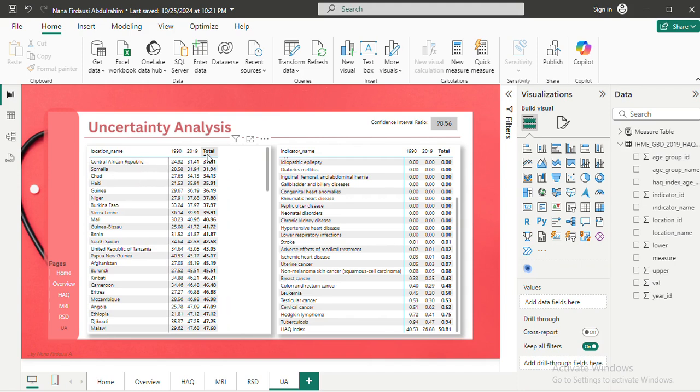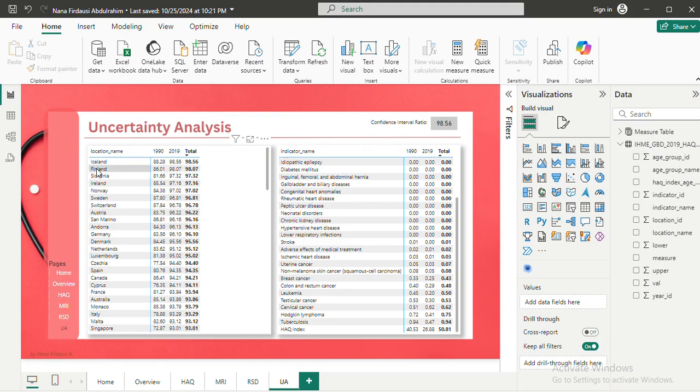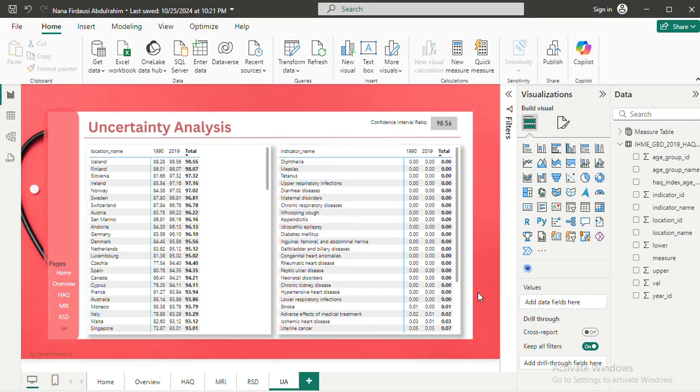So we can see here Iceland with a total of 98.56 confidence interval, which means the data set collected from Iceland is probably very unreliable. So I would recommend maybe they change their data collection process. Yeah, so that's all.